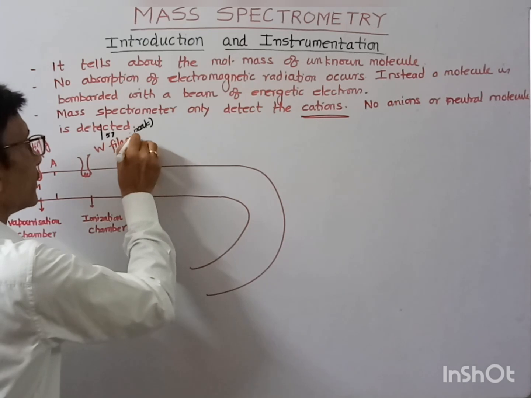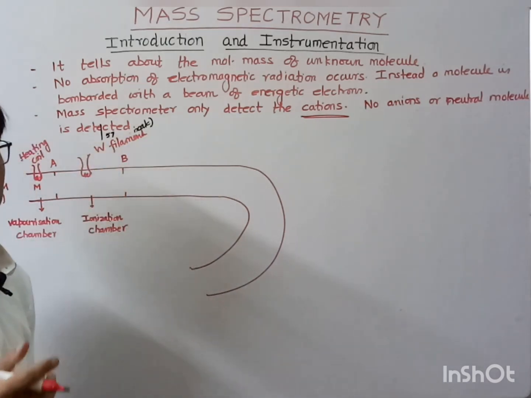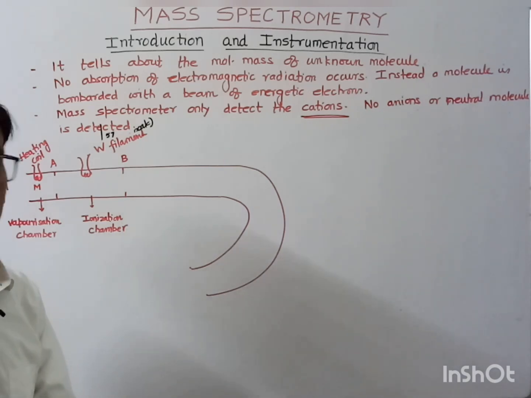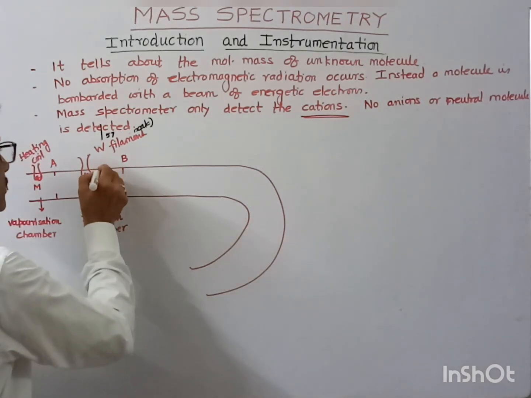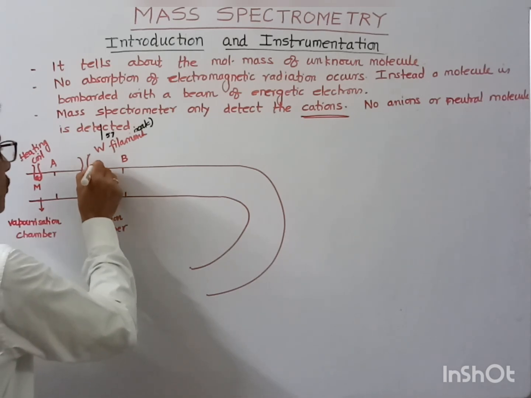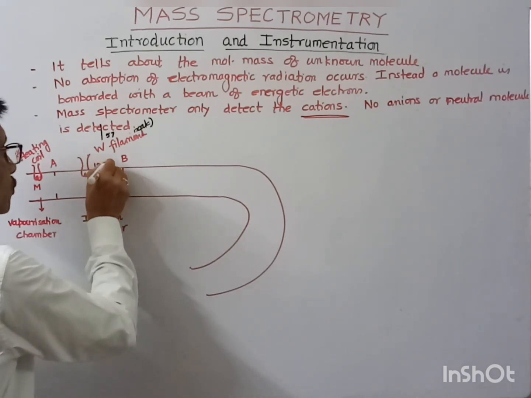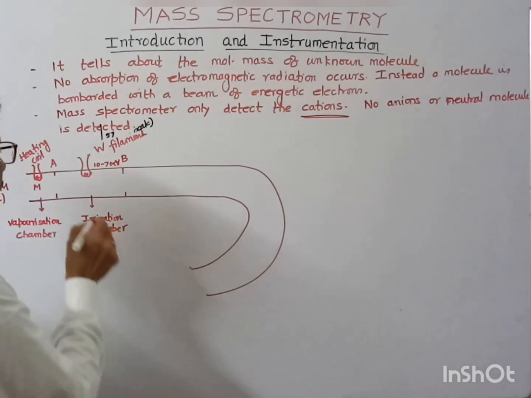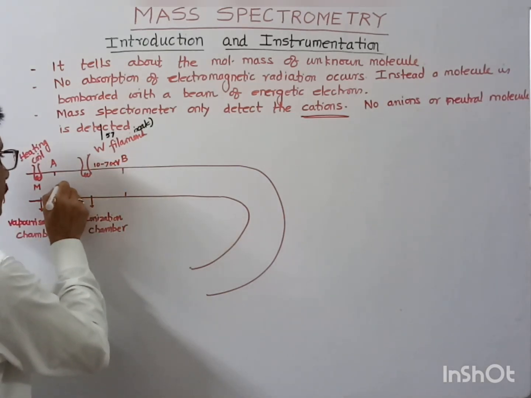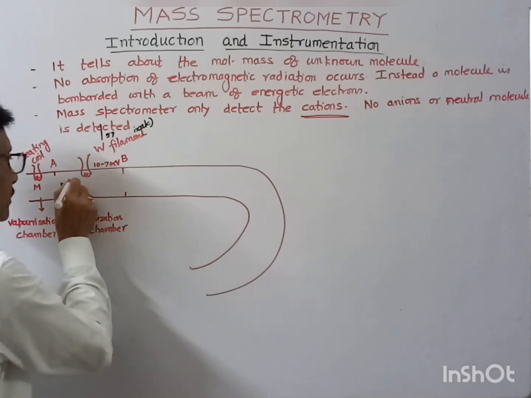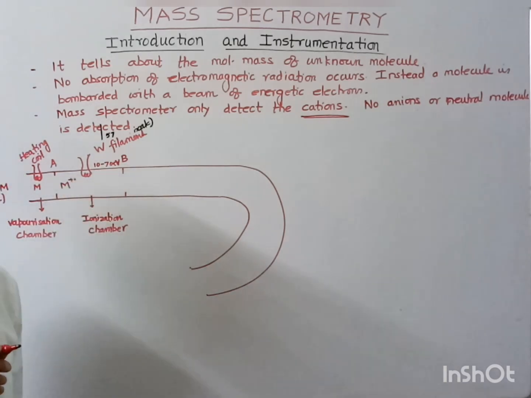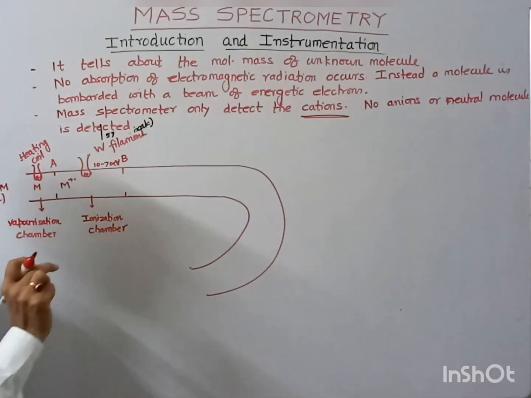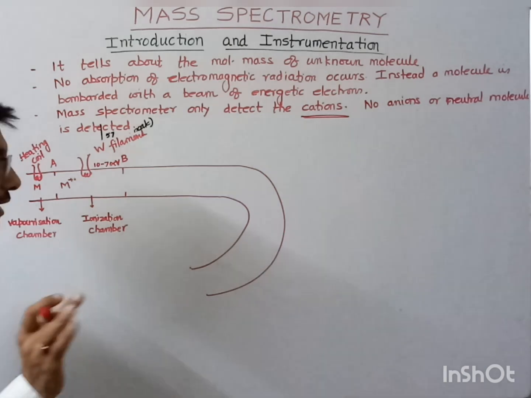This tungsten filament is over here, and at 10 to 15 electron volt, and further at 70 electron volt, the molecule is first converted into a molecular ion after the ejection of one electron, called the molecular ion or parent ion.